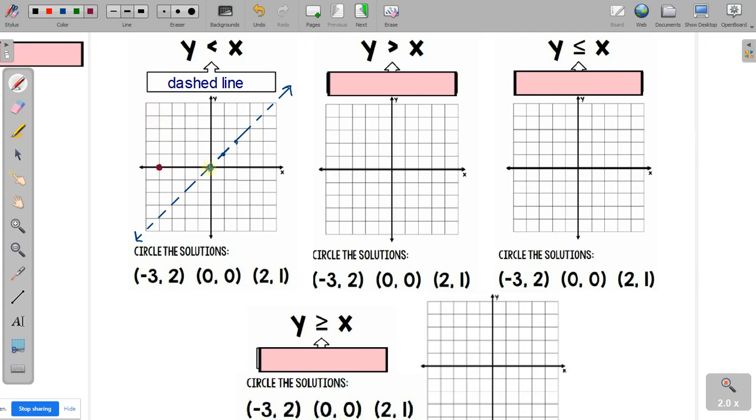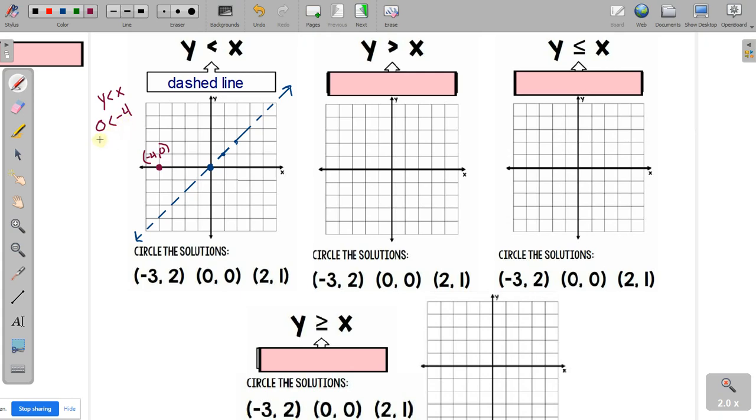So that is negative 4, 0. So if we substitute that in for y is less than x, y is 0, our x is negative 4.